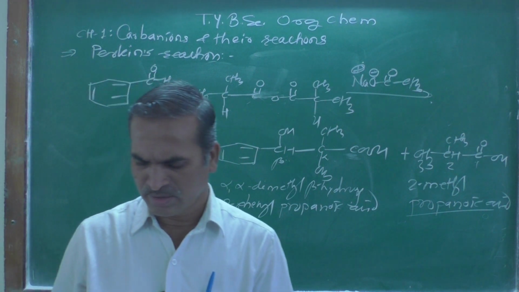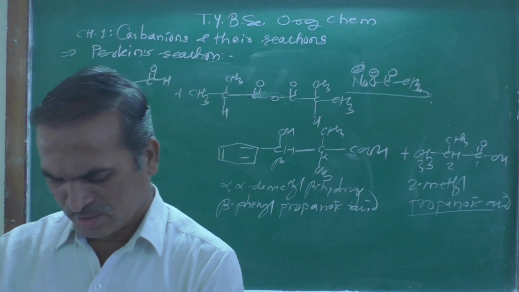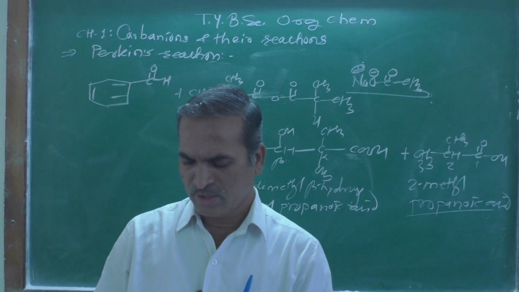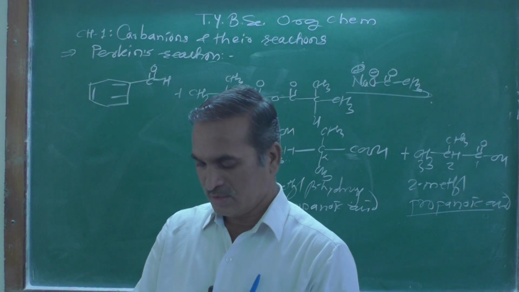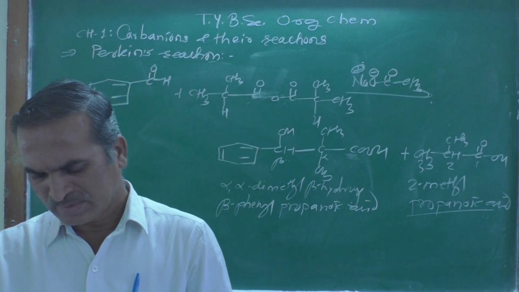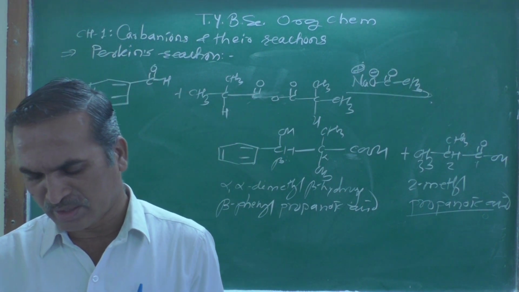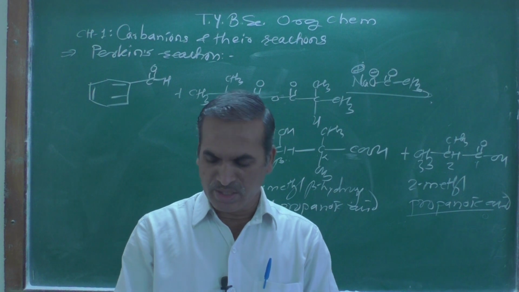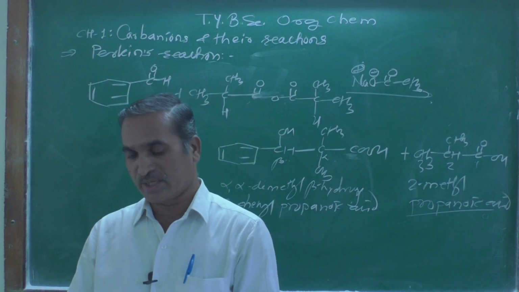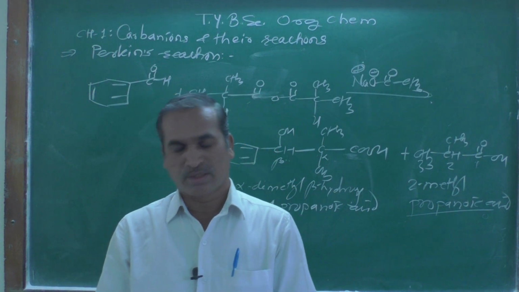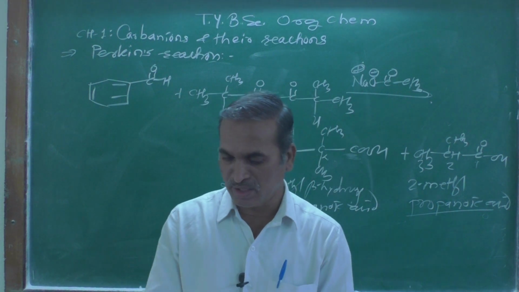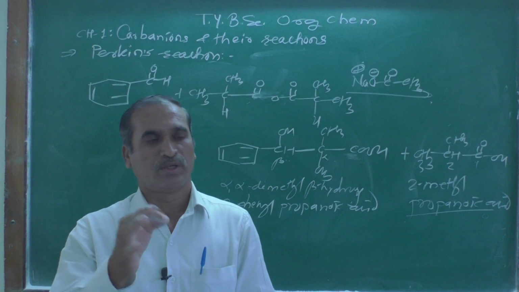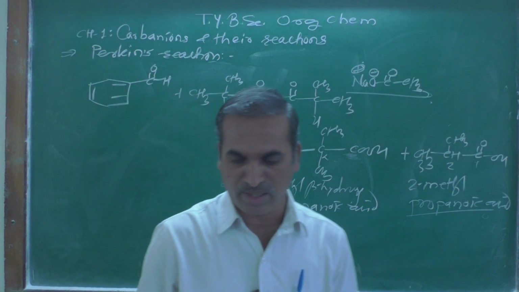So I think this Perkin reaction proceeds more readily when the aromatic aldehyde has an electrophilic atom or a nitro group in the nucleus. So in this way we have completed the Perkin condensation, or what we can call the Perkin reaction. Remember, what do you mean by the Perkin reaction?